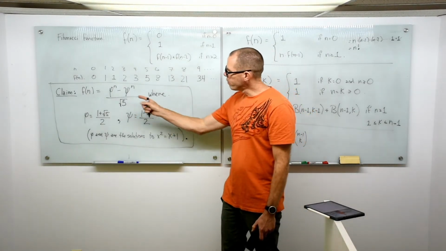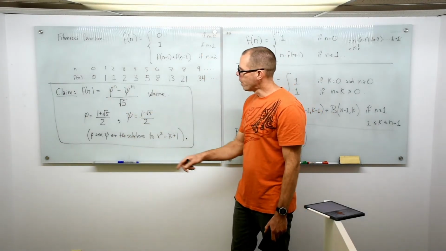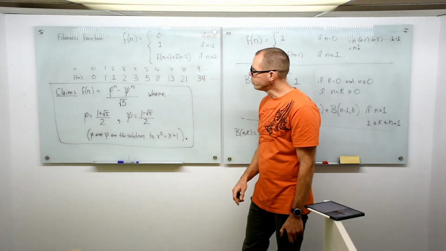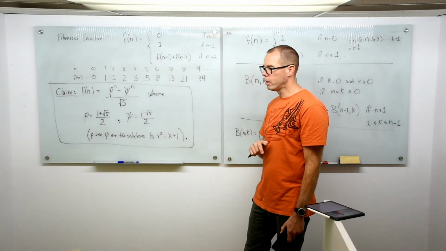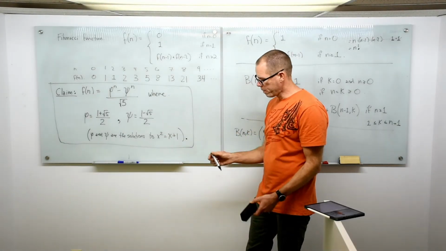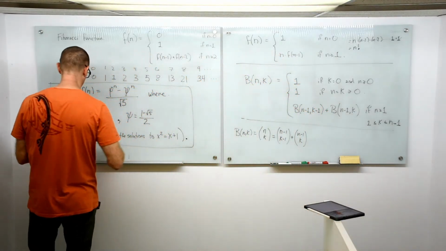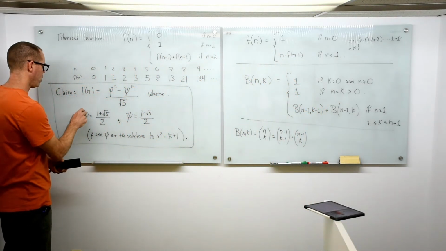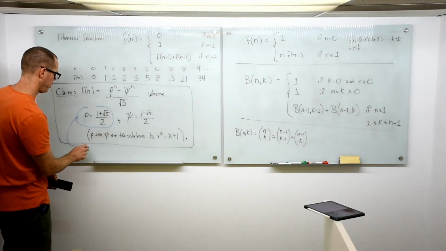And inside of there, there's these two things. 1 plus root 5 over 2 is this magic constant, and this 1 minus root 5 over 2 is this ugly magic constant. This one here is called the golden ratio.